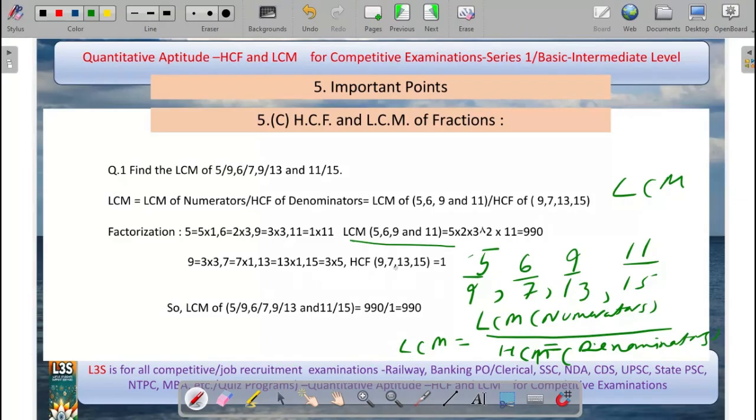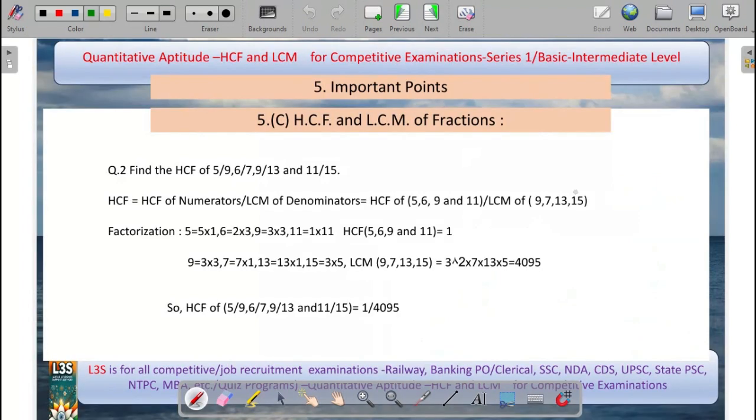The HCF of 9, 7, 13 and 15 is equal to 1, and the LCM of 5, 6, 9 and 11 is equal to 990. So the answer will be 990 by 1, that is 990. This is how we have to do it for fractions.